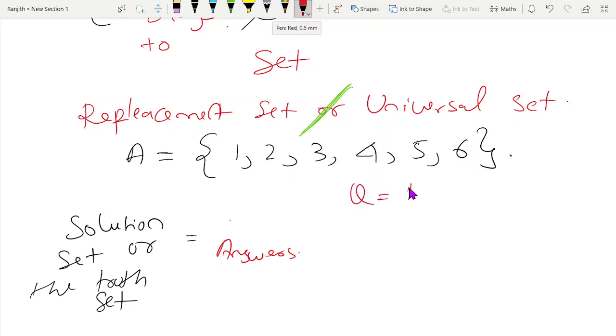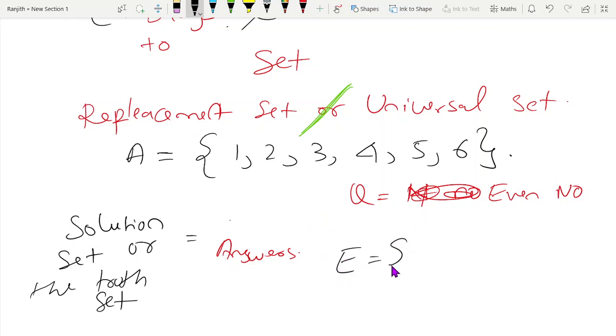The question is to pick out even numbers from this set. What are the even numbers? 2, 4, 6. So I'll take the set name as E.